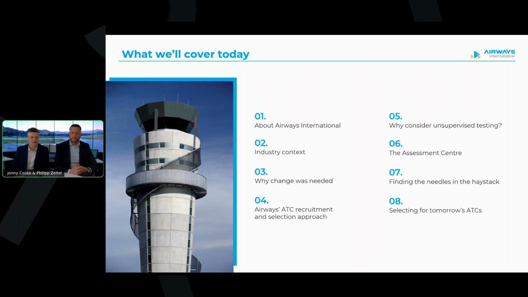Then we'll do a quick technical demonstration to bring some of that to life, and we'll round it out by bringing all of that together to show how this multi-layered approach that we've landed on contributes to some really high success rates in our training academies. Next slide.